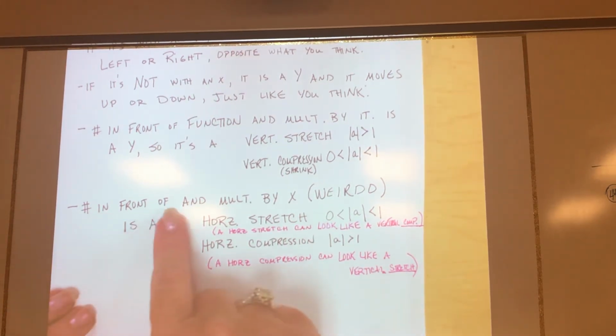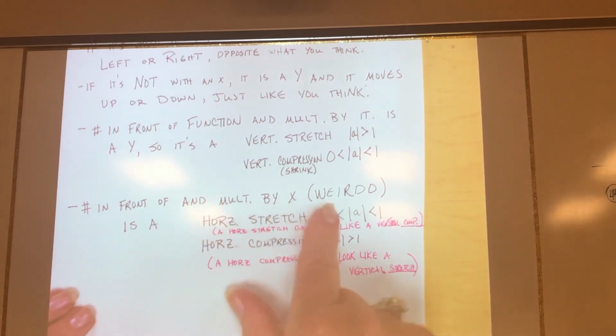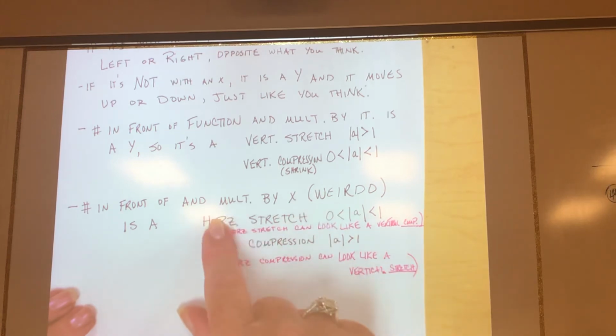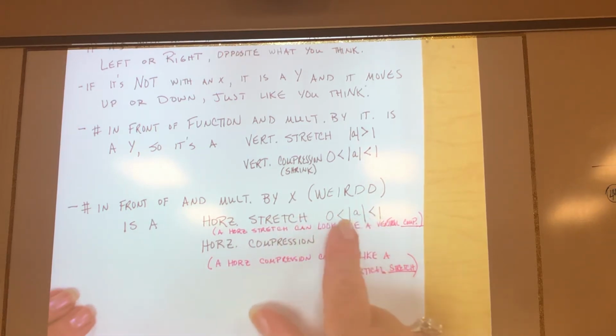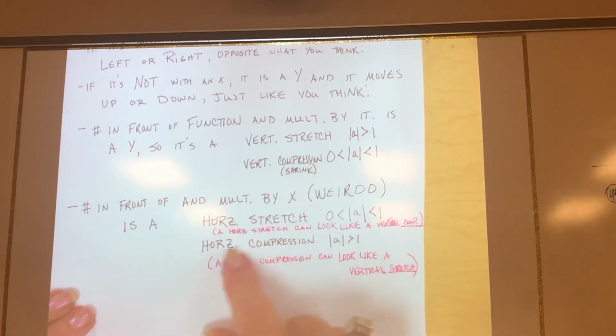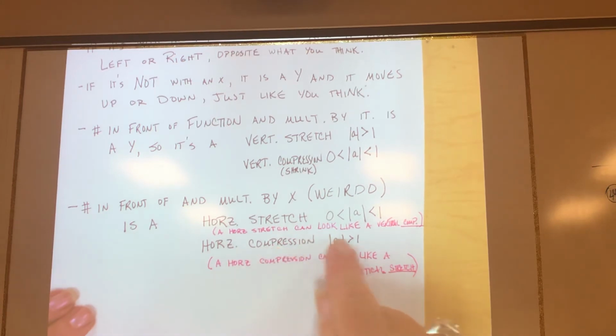If the number is in front of and multiplied by an x, he's with a weirdo. They do the opposite of what you think. So a horizontal, because it's with an x, it's horizontal. A horizontal stretch is going to be the smaller number, and a horizontal compression is going to be the bigger number. It's just always backwards.